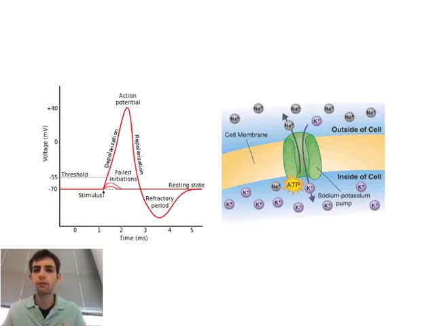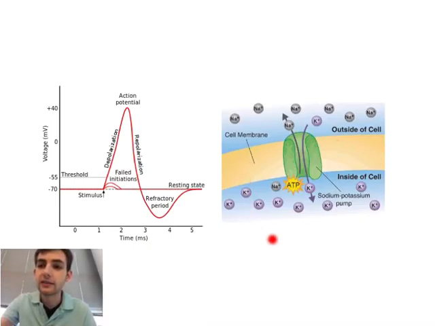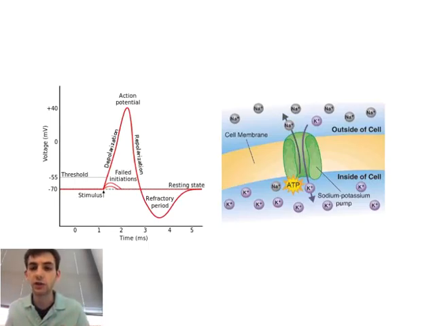Talking a little bit more about the sodium-potassium pump, which is maintaining the negative 70: sodium is always going to be pumped outside of the cell. 3 sodium are pumped outside of the cell, and 2 potassium are pumped inside of the cell. This maintains that the inside of the cell is always more negative than the outside, because the outside has more positive charges.